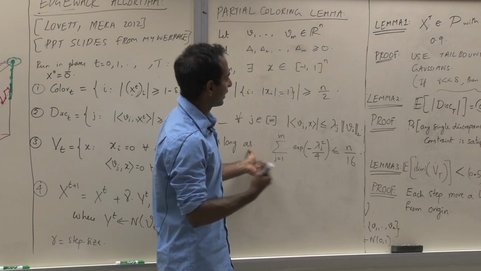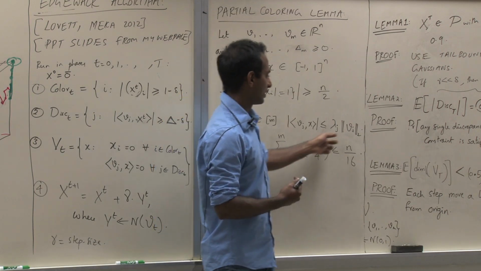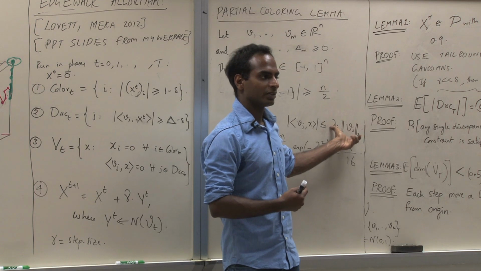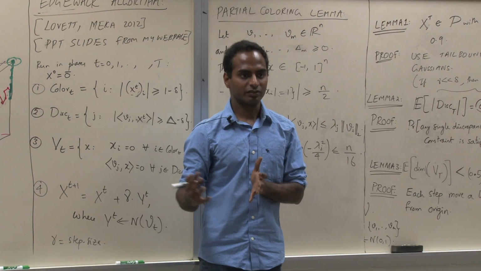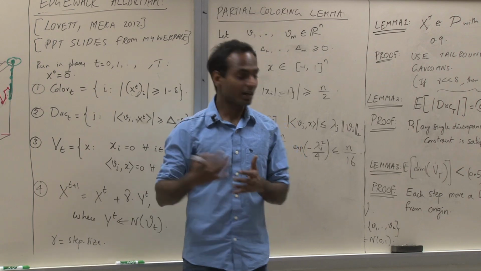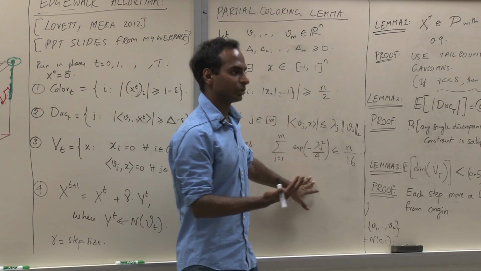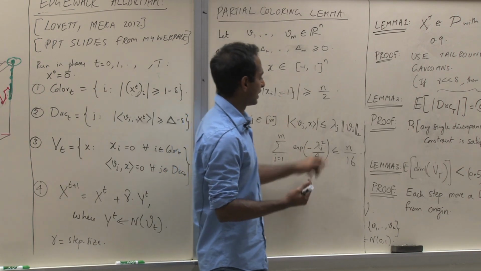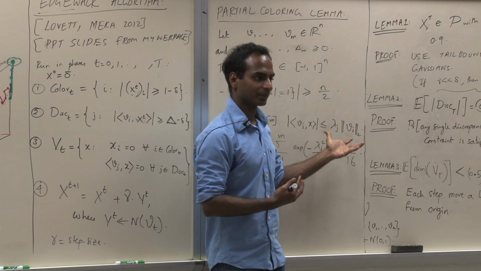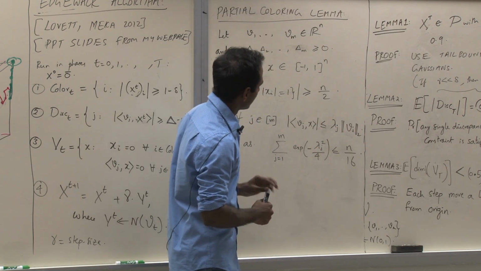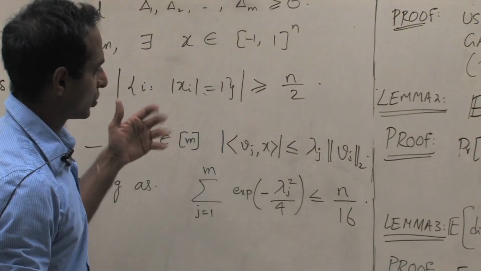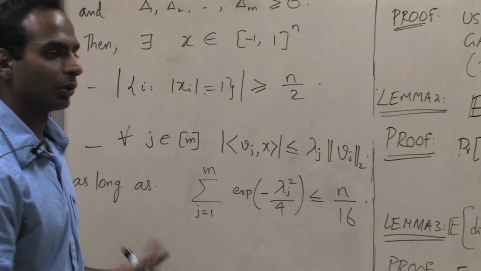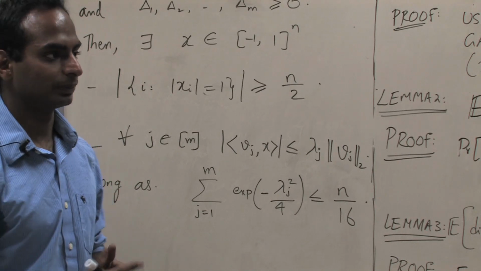You had to be more careful about choosing the lambda j's appropriately. I also mentioned a bound of square root t times log n for the Beck-Fiala setting, and that also comes from here. In fact, it's very simple to get it. You just have to choose the lambda j's appropriately. So this gives you a lot of flexibility on how to choose the lambda j's and how you play them against one another.